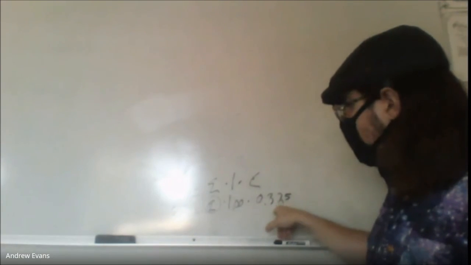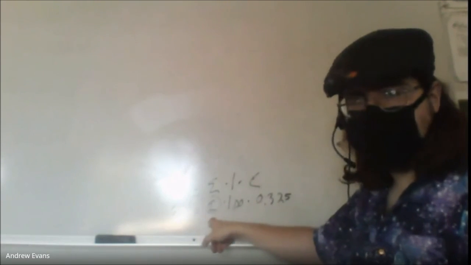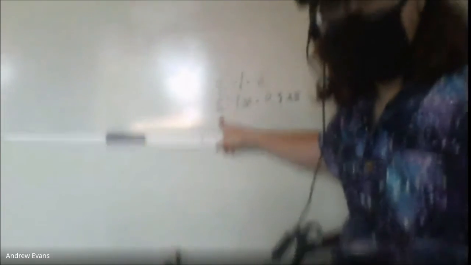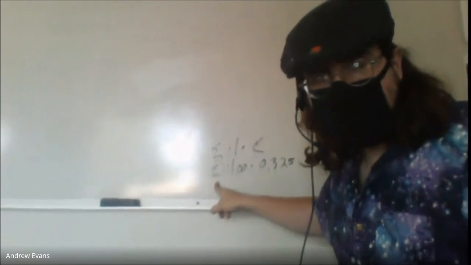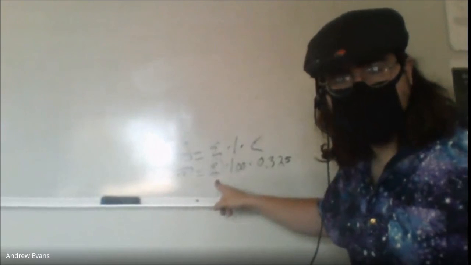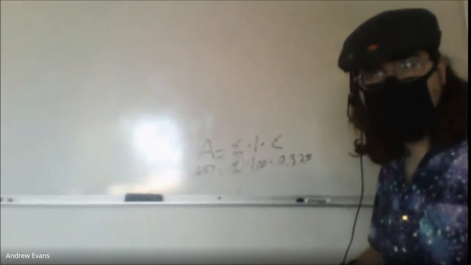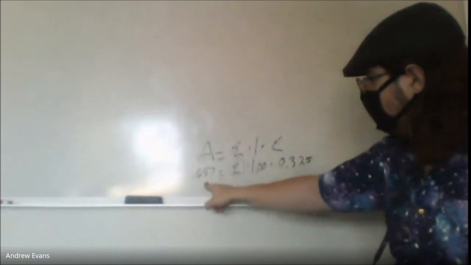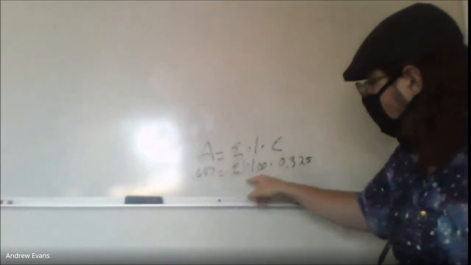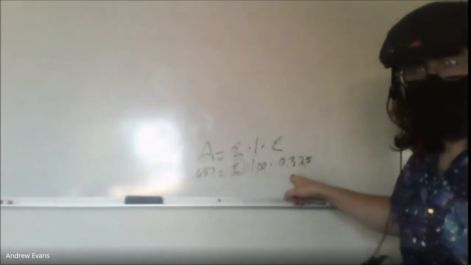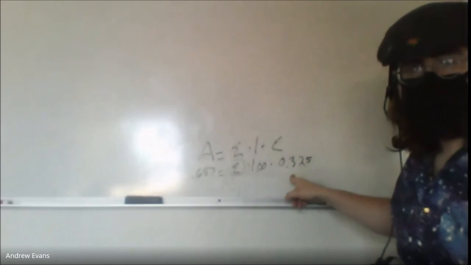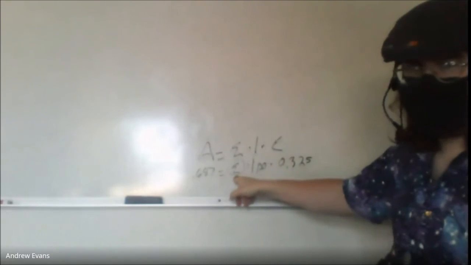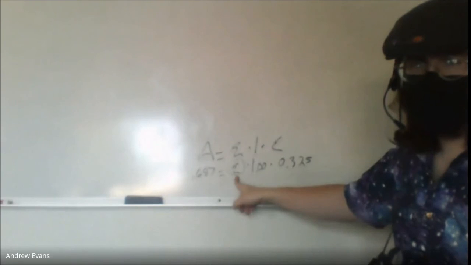All you have to do is find your molar absorptivity epsilon. I realize there's a giant glare. There, I'm guessing that's from the sun. So you have absorbance on one side of the equal sign, and you have 1 times 0.325 on the other side. So all we have to do is solve for your epsilon, your molar extinction coefficient.